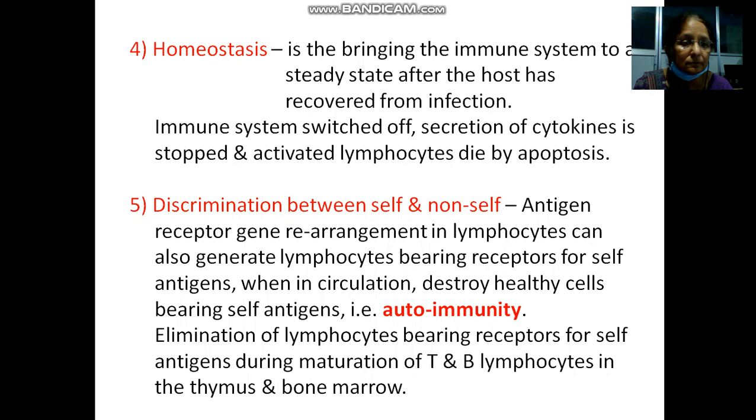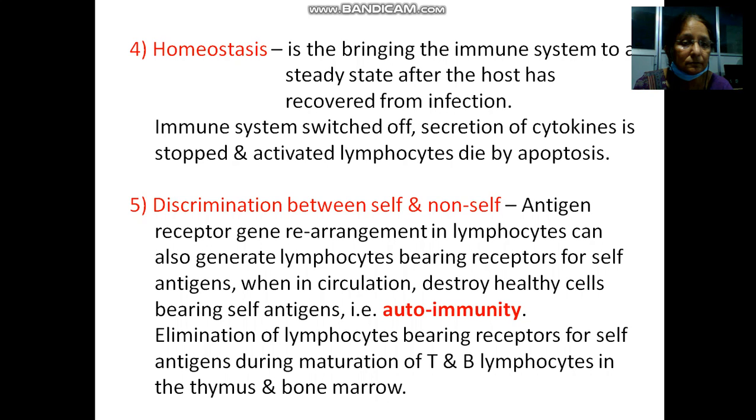Antigen receptor gene rearrangement in lymphocytes can also generate lymphocytes bearing receptors for self antigens, and when they escape and circulate in the body, they destroy the healthy cells bearing the self antigen.